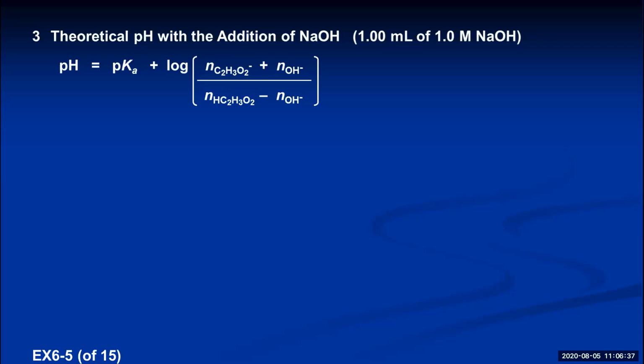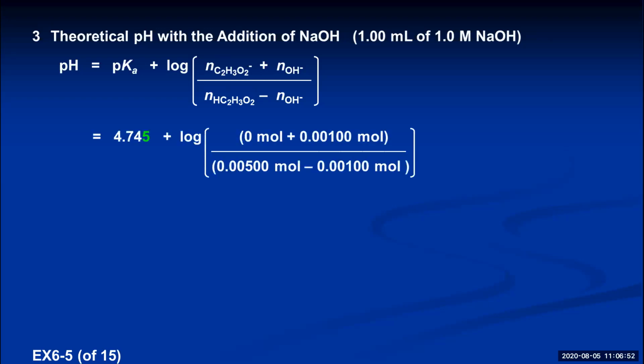So this sometimes gives students a reason for concern. I don't know what number goes there. Well, think about the solution. If it's just acetic acid and sodium hydroxide, nobody's put any acetate ions in there. You can have a 0 in the equation. That's perfectly fine. And in this case, it's perfectly correct. So the 0 moles of acetate ions are increased by 0.00100, while the moles of the acetic acid molecules are decreased by 0.00100.